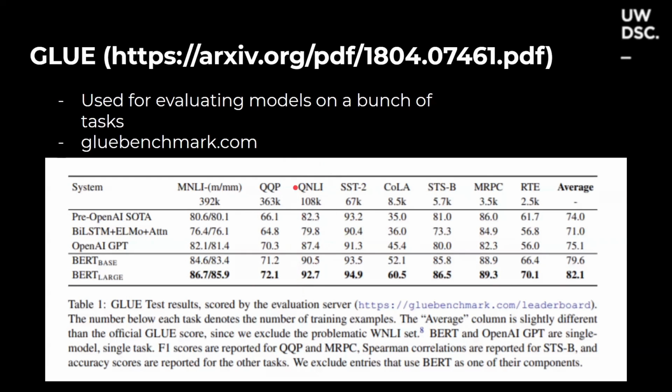I'm pretty sure this is the same as SQuAD, but it's slightly more tidied. And CoLA looks at grammar, like the grammar in a sentence. SST-2 looks at sentiment analysis, so your standard classification. And MRPC judges whether two sentences are expressing the same thing.